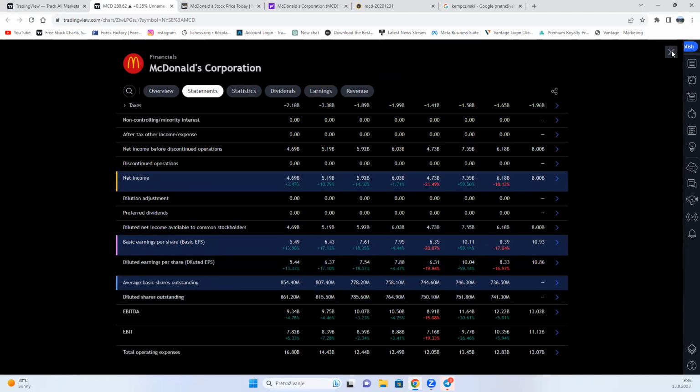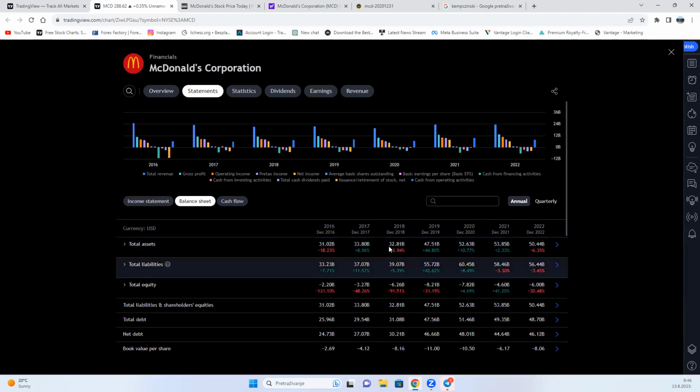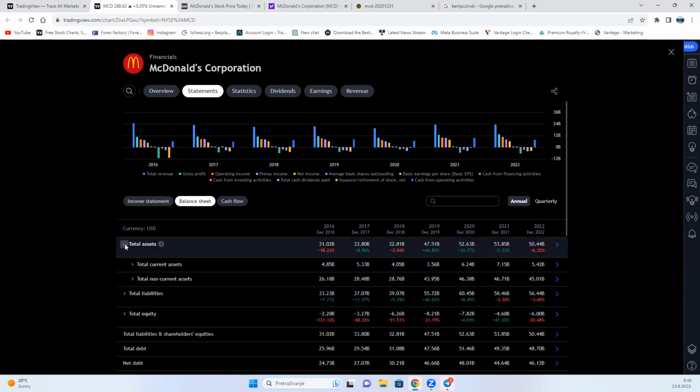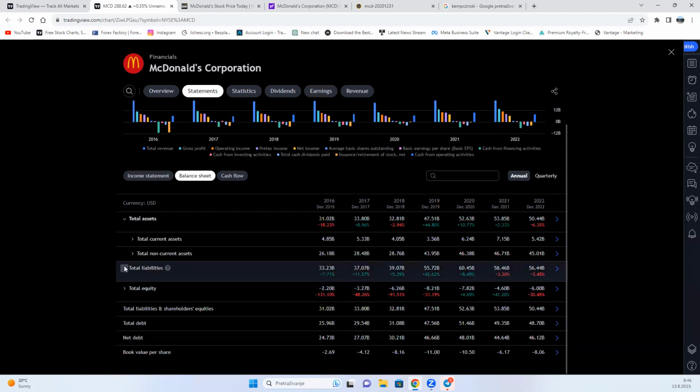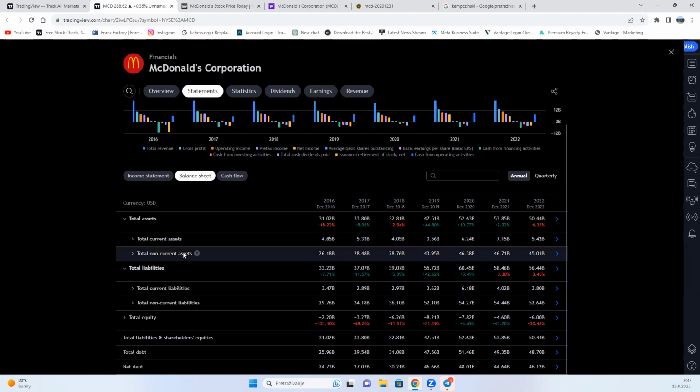And then now that we have said everything, balance sheet, I will not go into that in detail. Balance sheets, total assets and total liabilities represent everything that the company owns. Total current assets represents everything the company owns that can be transformed into money within 1 year, and non-current assets total after 1 year.